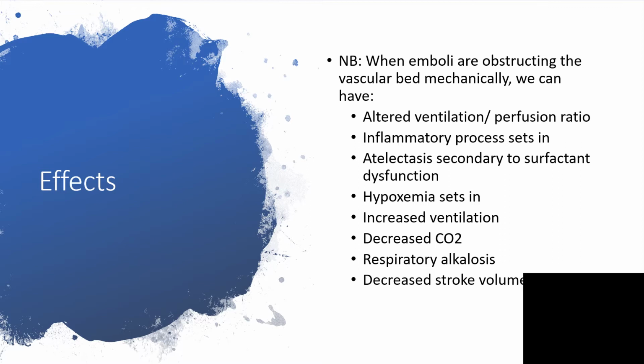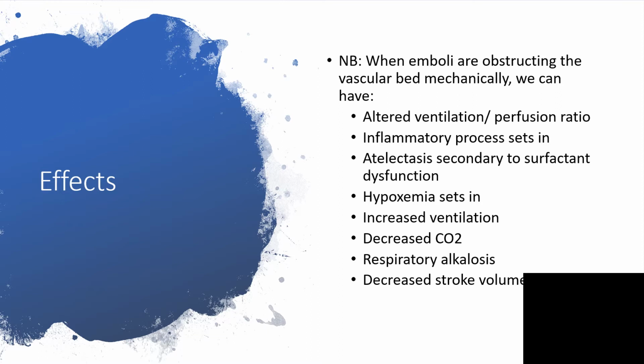Note this. When emboli are obstructing the vascular bed mechanically, we can have altered ventilation and perfusion ratio, and an inflammatory process will set in. That will lead to atelectasis, secondary to surfactant dysfunction.